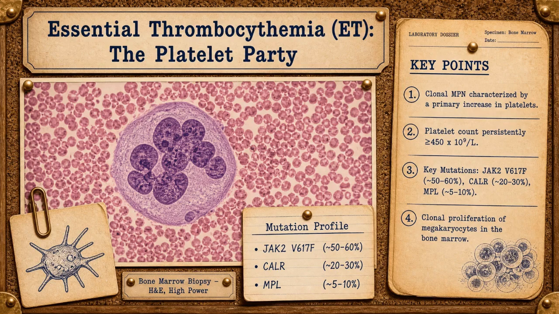Understanding these genetic drivers is crucial for accurate diagnosis, prognosis, and increasingly, for guiding targeted therapies. So, when you're thinking ET, think platelets, and think JAK2, CALR, and MPL. Let's move on to the clinical features and what these patients actually experience.